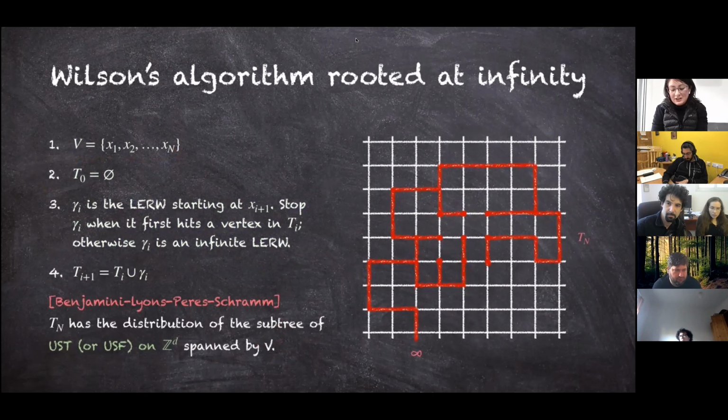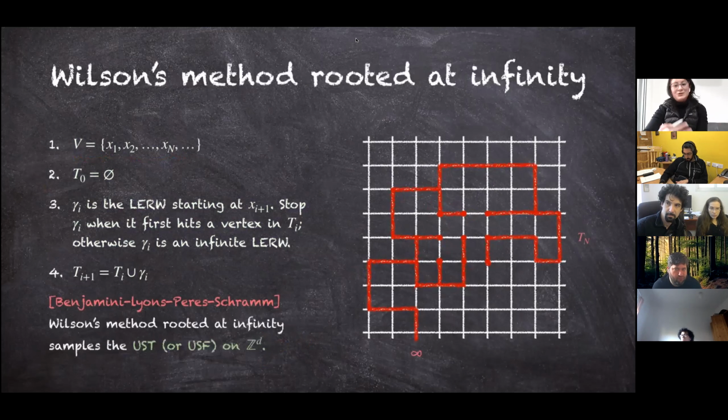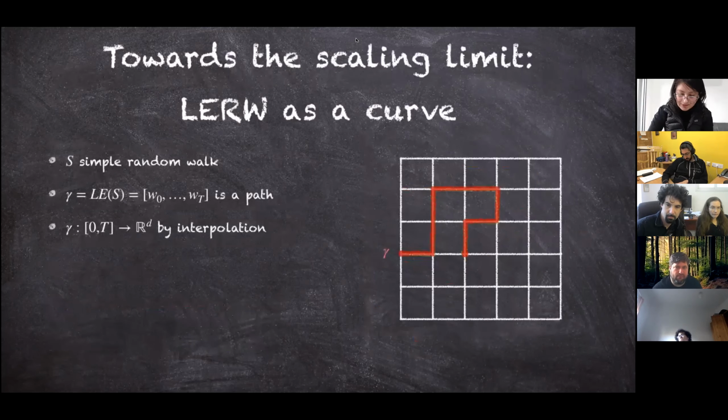So furthermore, if I were to continue up to infinity, this would be a way to sample the whole uniform spanning tree on the set. And this is the reason why we can go from the loop erased random walk to the uniform spanning tree, because it is essentially built by drawing loop erased random walks.